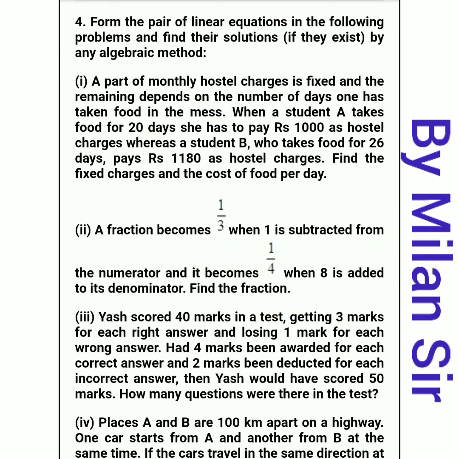Then read the second line. A student B who takes food for 26 days pays rupees 1180. So total rupees is equal to 1180. Fixed charge x plus the cost of food for 26 days.